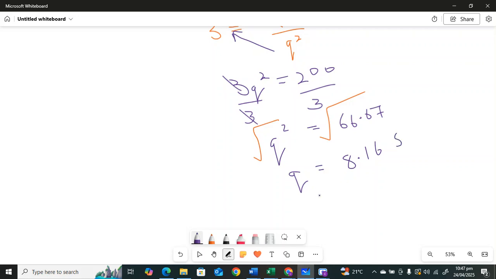So we can just round it off to, since it's number of units, 8 units. So if we want to minimize our costs, we need to produce 8 units. Then our costs will be at a minimum.